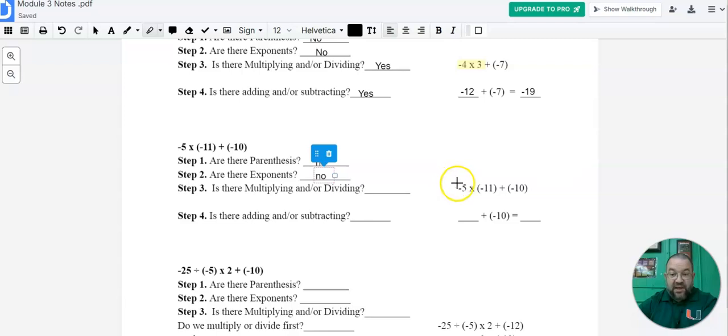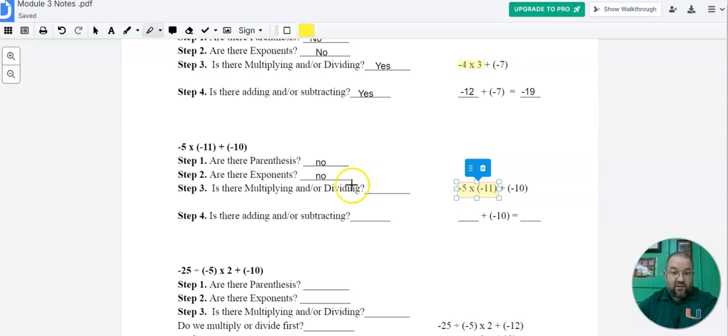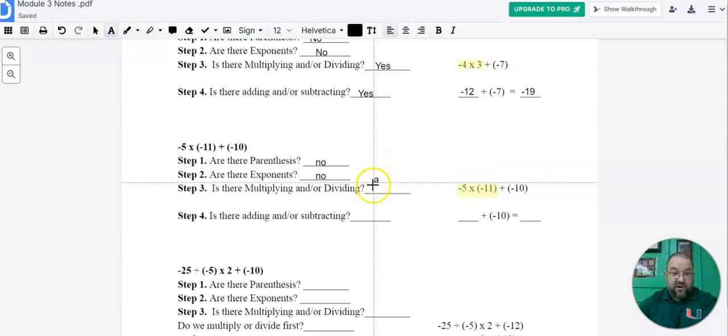We are multiplying -5 times -11. Alrighty, so again, I'm going to type in yes here. And we have two negative numbers being multiplied together. So if I have two negative numbers being multiplied together, I'm always going to get a positive number.